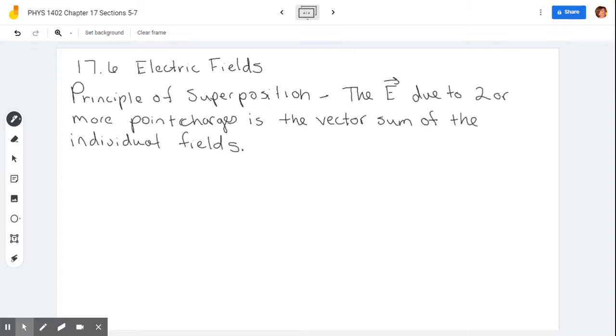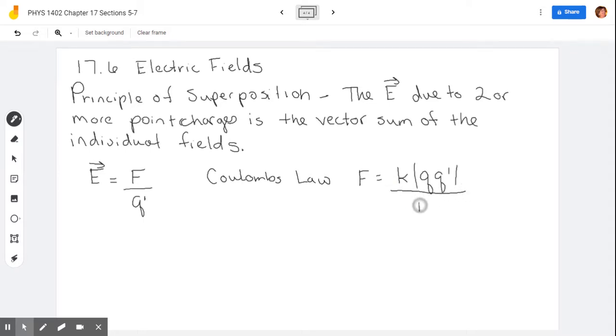Okay, well, let's think about for a point charge how we can do this. We know that the definition of the electric field is the force divided by some test charge. But if we think back to Coulomb's law, the force is equal to K, absolute value of Q times Q prime, there's our two charges, divided by the distance squared.